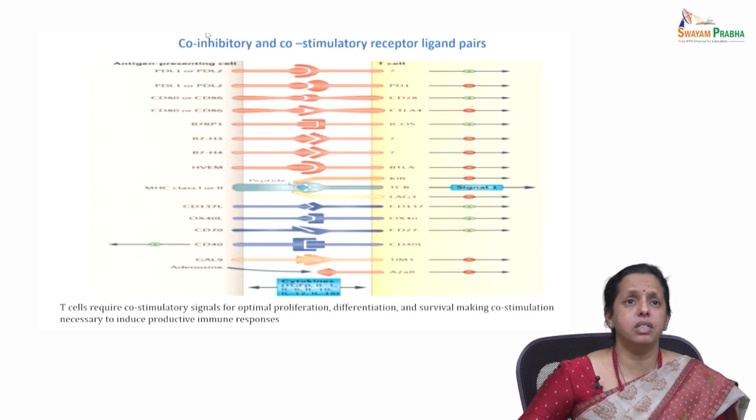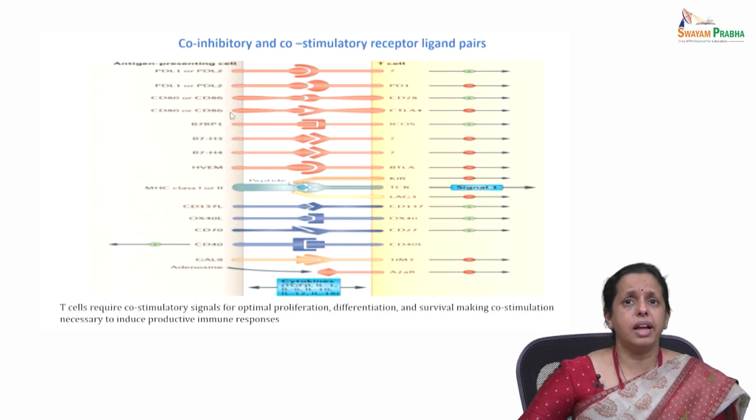As I mentioned, this table will give you the different co-inhibitory molecules. This is on the antigen presenting cell and this is on the T cells. The T cells require, as I said, a co-stimulatory signal for optimal proliferation, differentiation and survival, making co-stimulation necessary to produce an immune response.